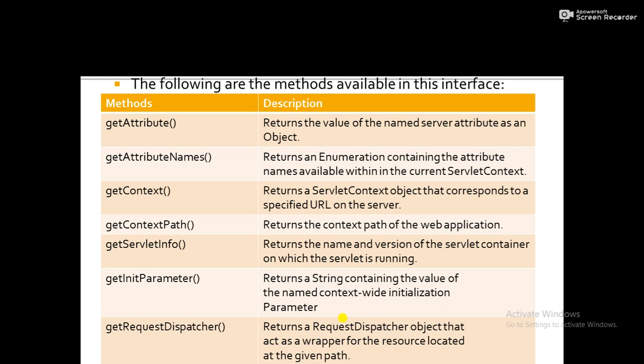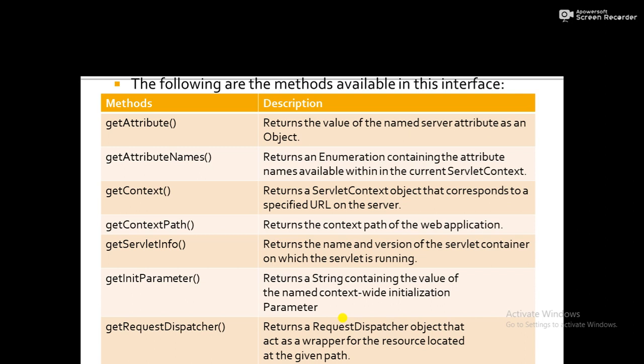Now the next point is getContext, which returns the context object that corresponds to the URL on the server. Whatever query is passed to the server from the client, that object is returned using the getContext method.